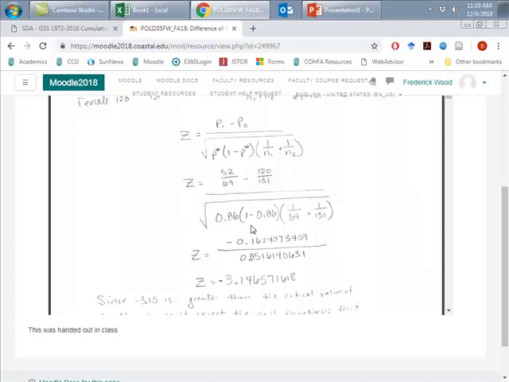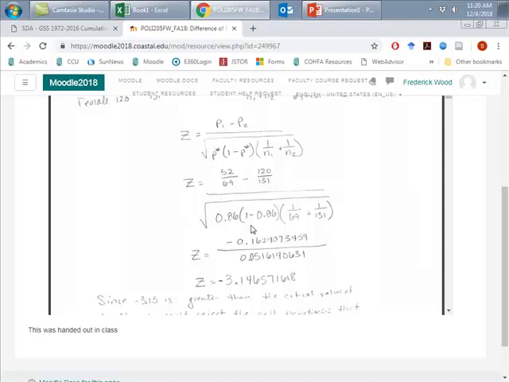We want to know how likely is it that we would see a 16% difference in our sample of 200 people if in the population there was no difference. So using that pooled estimate, I ran it through our Z equation, and I got a Z-score of negative 3.14.